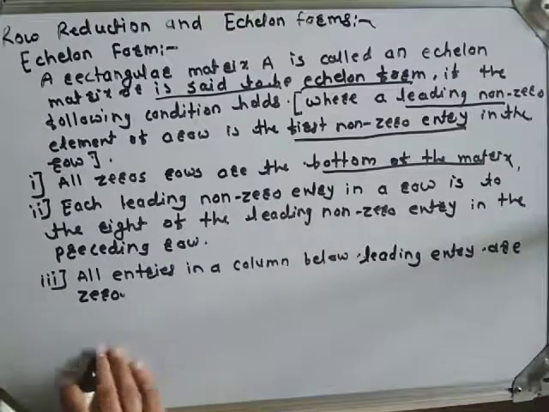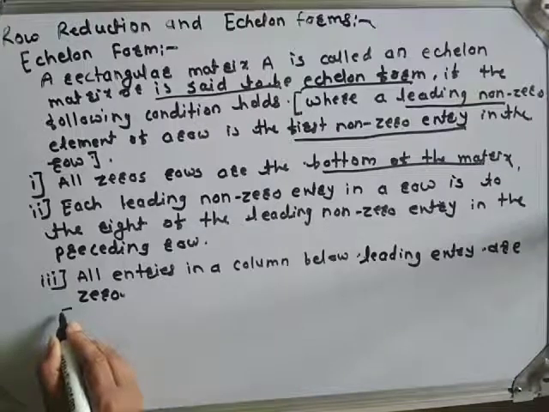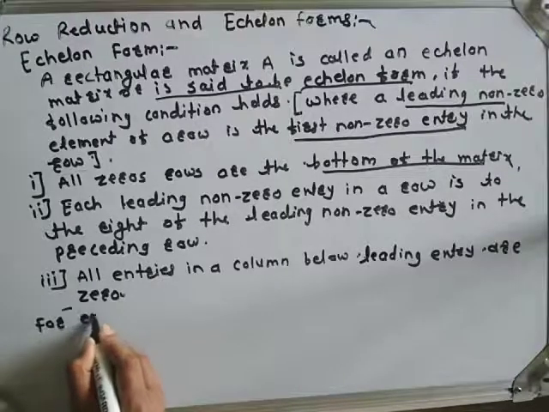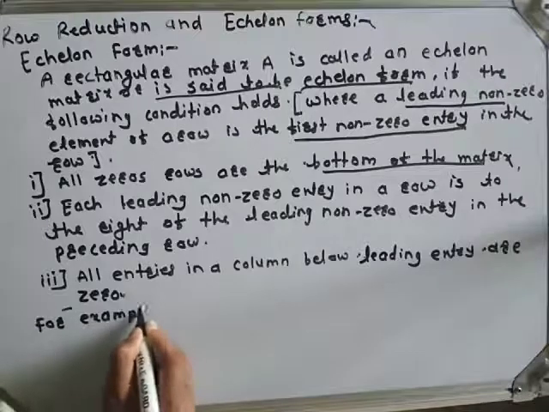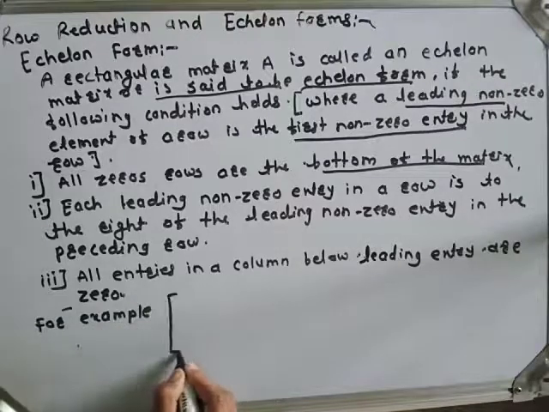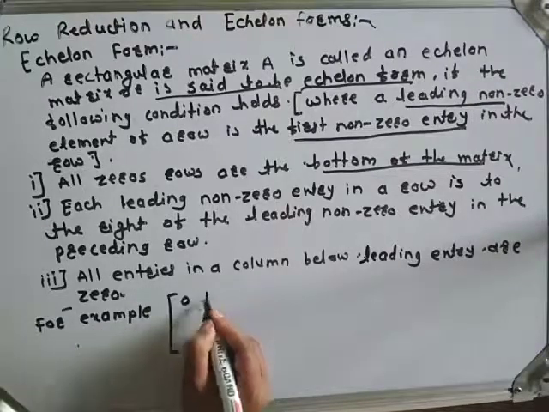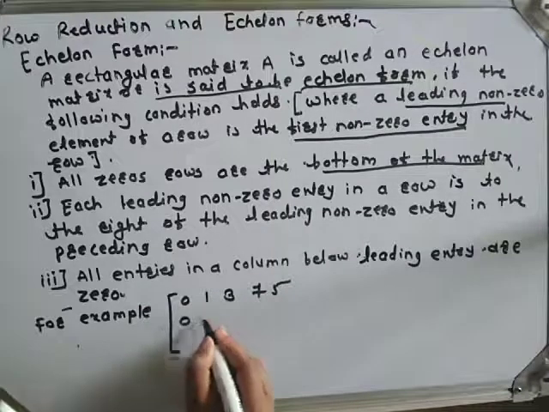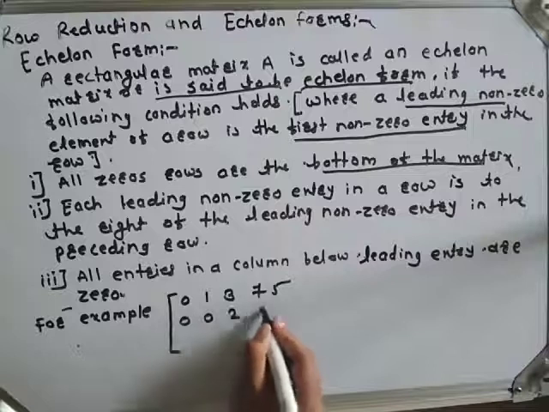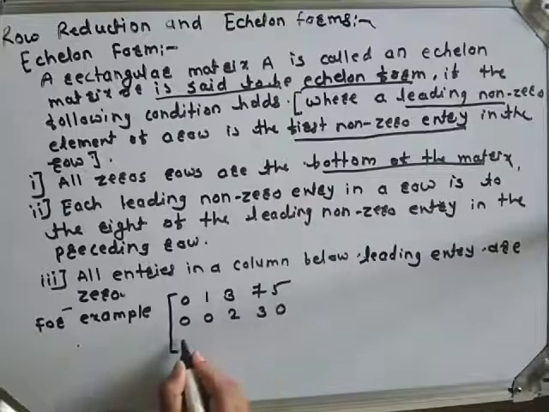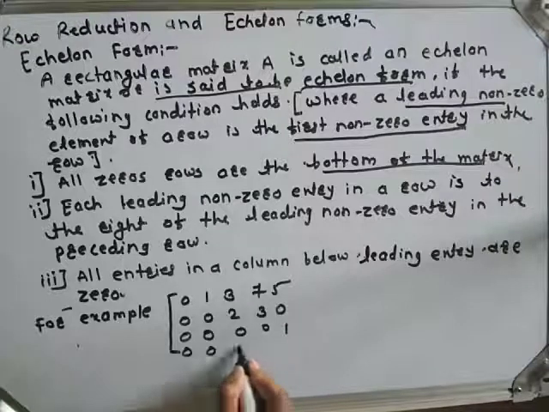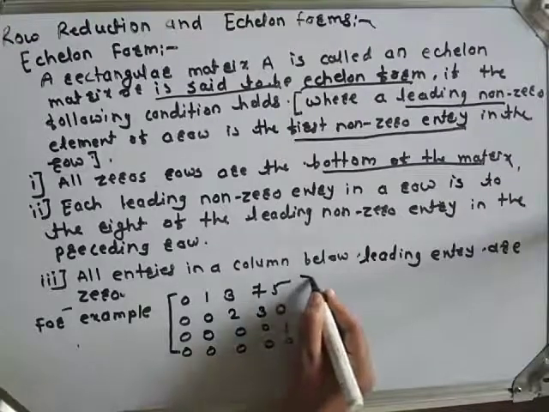Let us see some examples. For example, the matrix 0 1 3 7 5, 0 0 2 3 0, 0 0 0 1 0, 0 0 0 0 0.